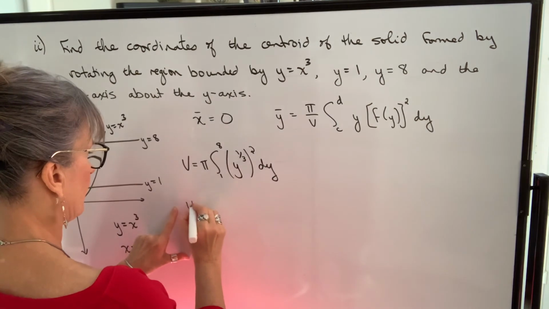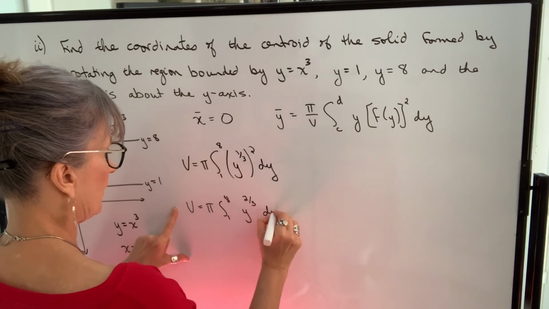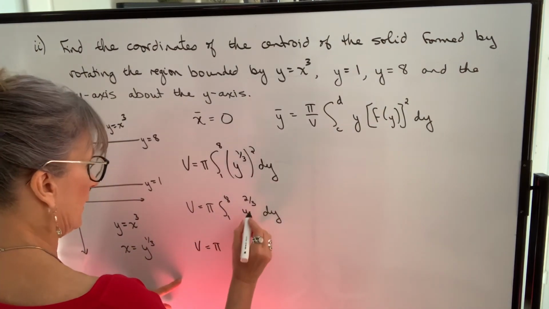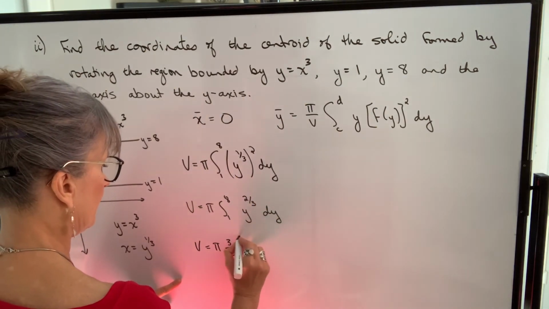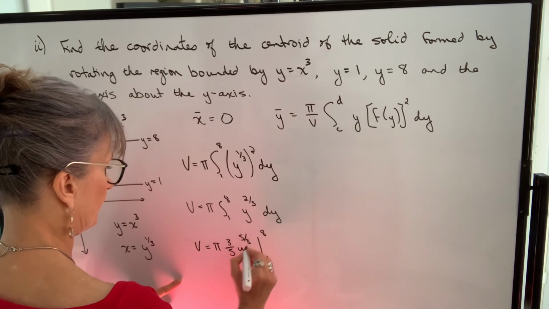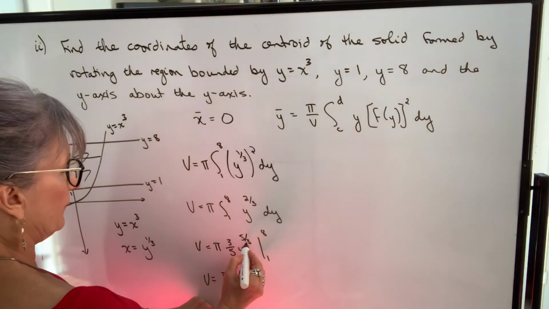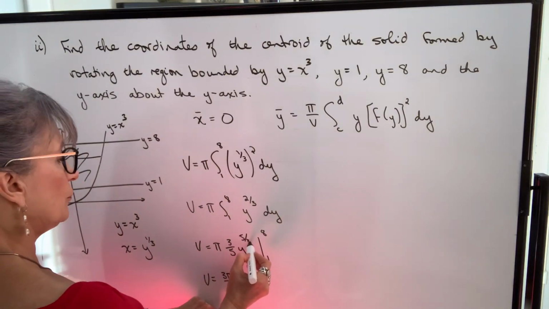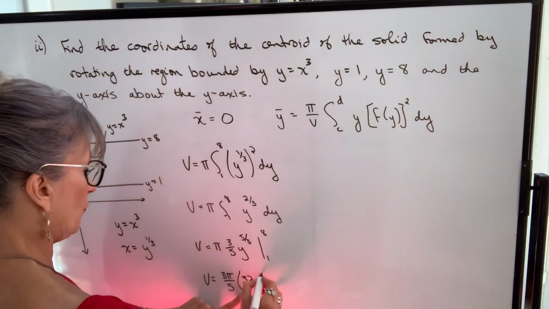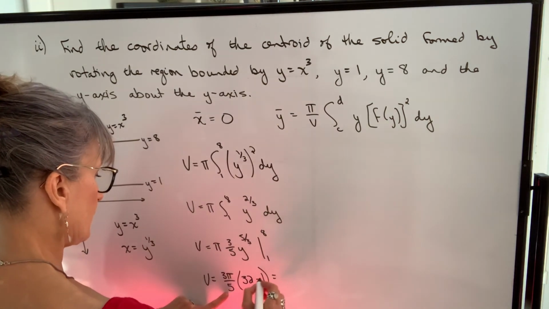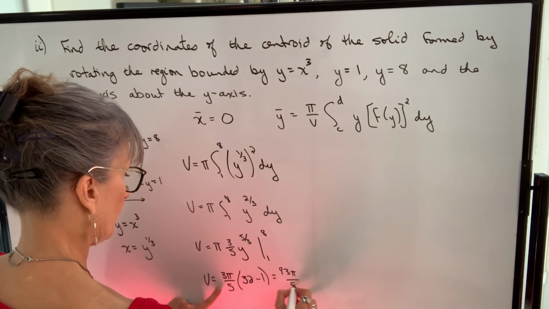I'll simplify first, so that becomes y to the 2/3, and then I'm going to integrate. When I add 1, that will be y to the 5/3, so it'll be 3/5 y to the 5/3. Let's bring the 3 pi over 5 outside, and I'll have 8 to the 5/3. The cube root of 8 is 2, 2 to the 5th is 32, minus, when I put a 1 in there, it'll just be 1. So it's 31 times 3, which is 93 pi over 5.